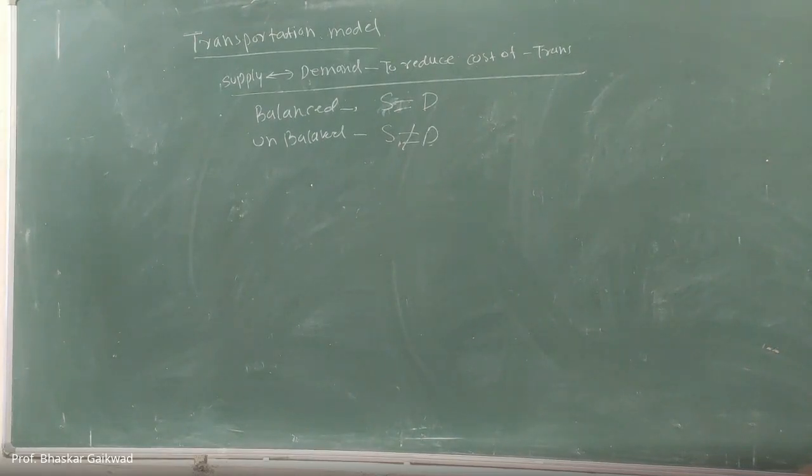Now, in these models, in order to obtain an initial basic feasible solution, we have three methods and one optimum test.